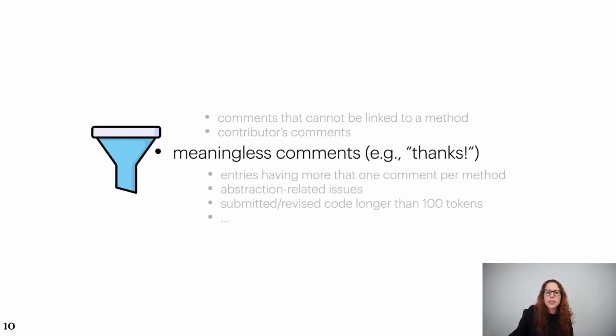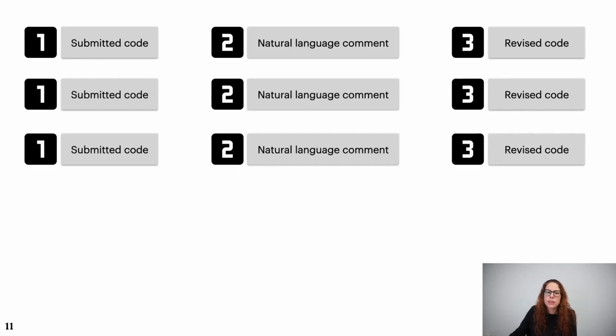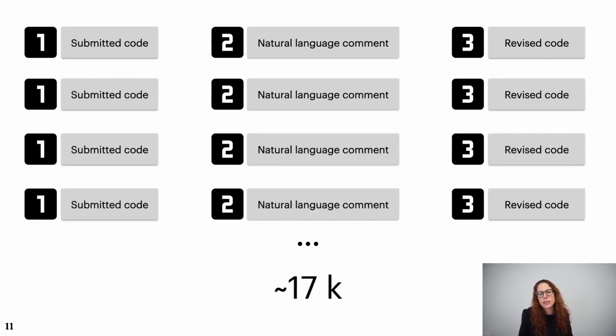So at the end of this filtering process, we got a dataset consisting of 70,000 triplets, and using this dataset, we want to train two different models in order to automate two specific tasks in the context of code review.